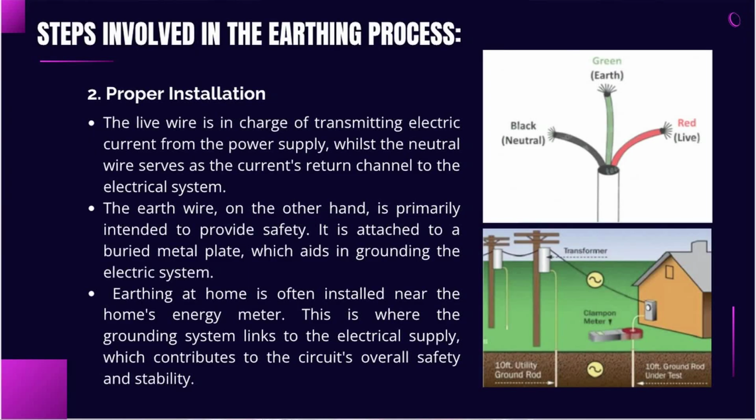Earthing at home is often installed near the home's energy meter. This is where the grounding system is linked to the electrical supply, which contributes to the circuit's overall safety and stability.